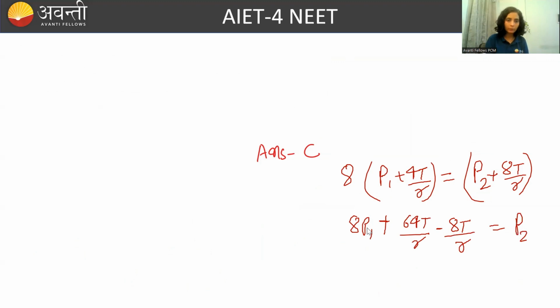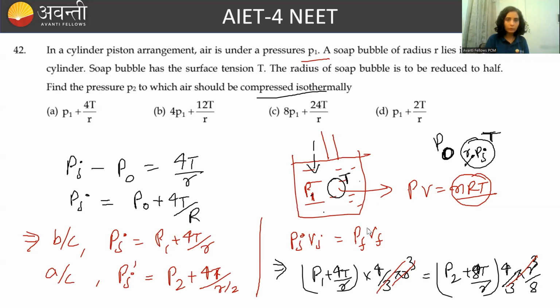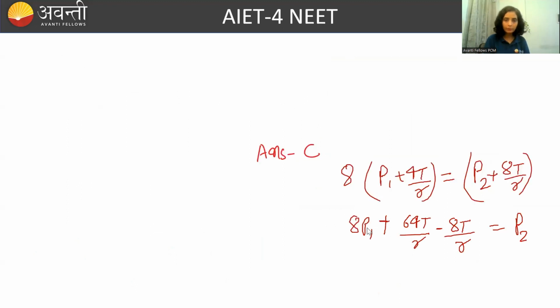So if you are going to see it, what will be the answer? Let's write it here. I hope we have not done any mistake. Let's recheck. Okay. So I feel like here only we did mistake, right? 8 into 4 will not be 64. It will be 32. Okay. So let's write here properly.